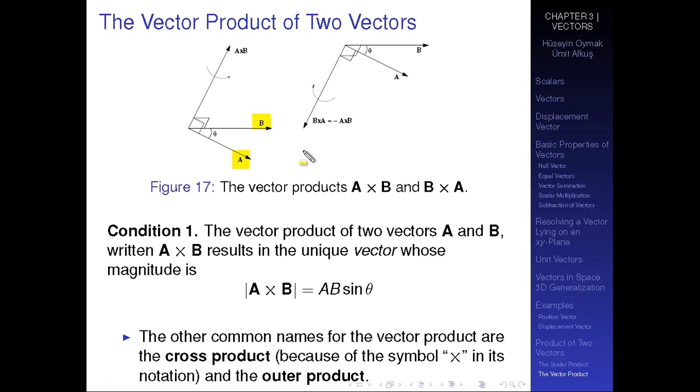Another type of product of two vectors is the vector product. By definition, it satisfies the following three conditions.